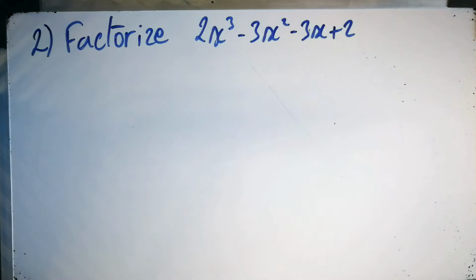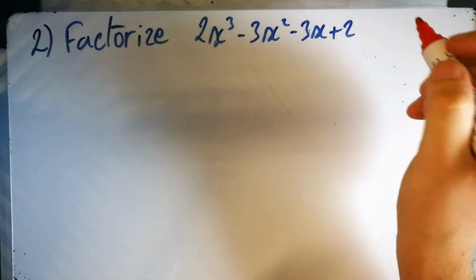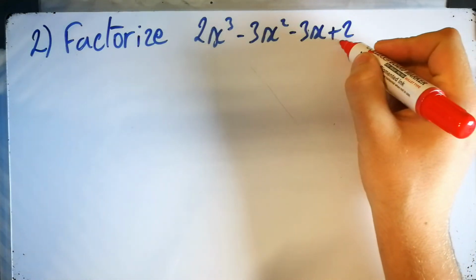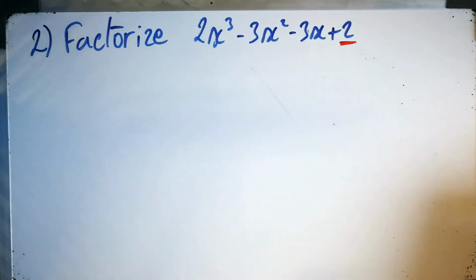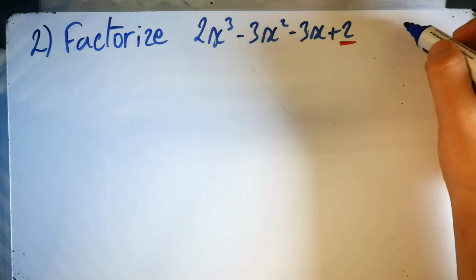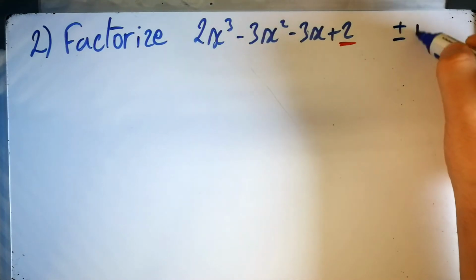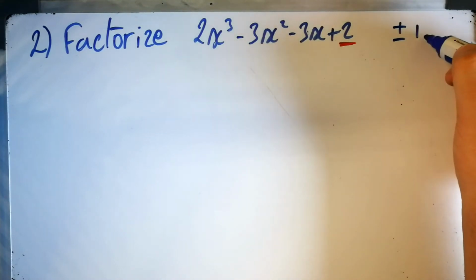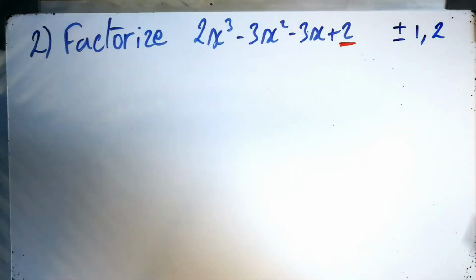Let's look at a second example and a second method. So this method is going to start the same way. We're going to take a look at the constant term and we're going to look at the factors. So here we have plus 2. The factors of plus 2 are going to be plus or minus 1 and plus or minus 2.